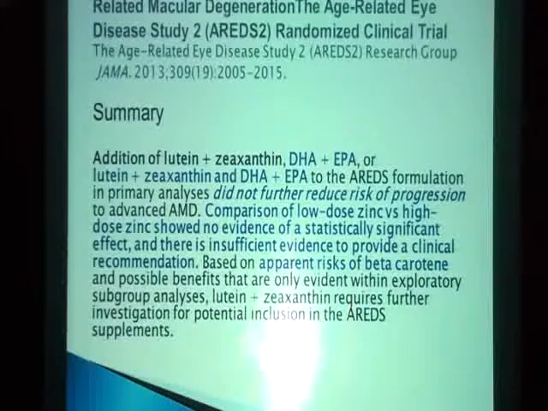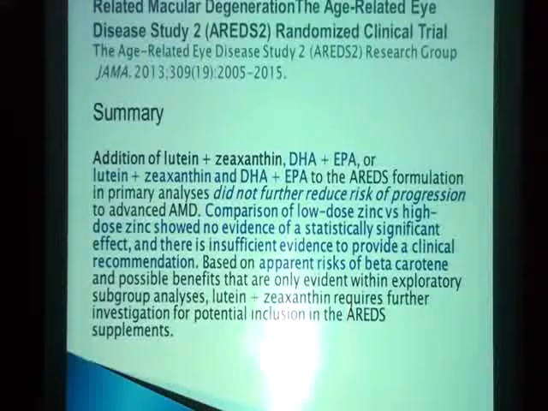The addition of lutein and xanthine and DHA, various fats, to the AREDS formula, either the lutein and xanthine and or the fats to the formula in the study, millions of people, did not further reduce the risk of progression to advanced AMD. Okay, now that's significant.